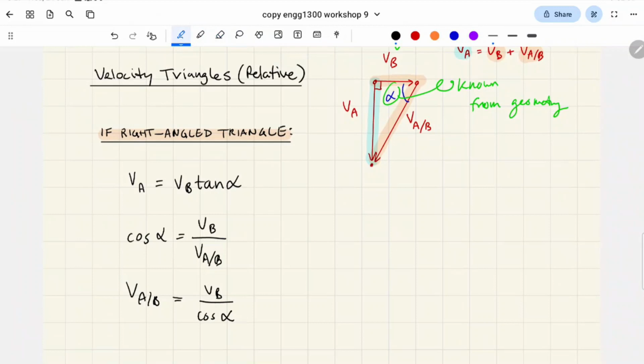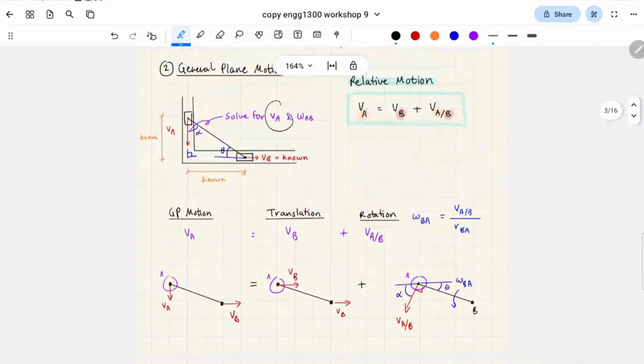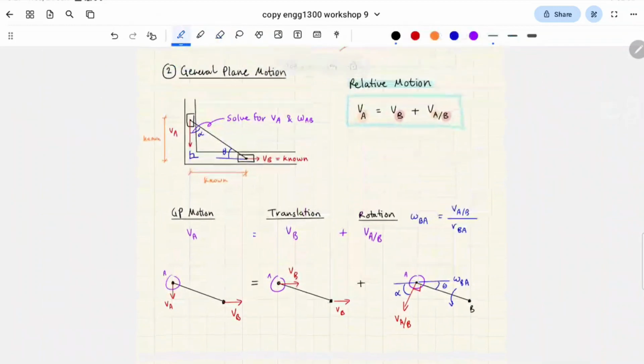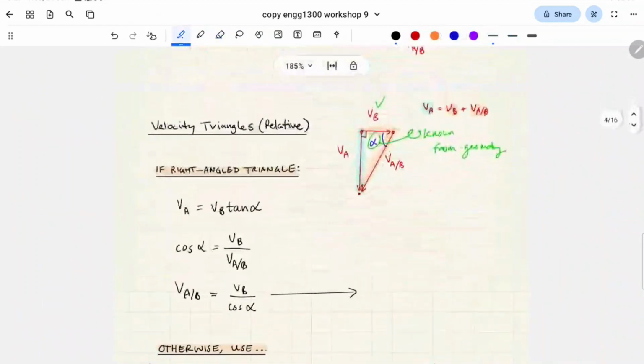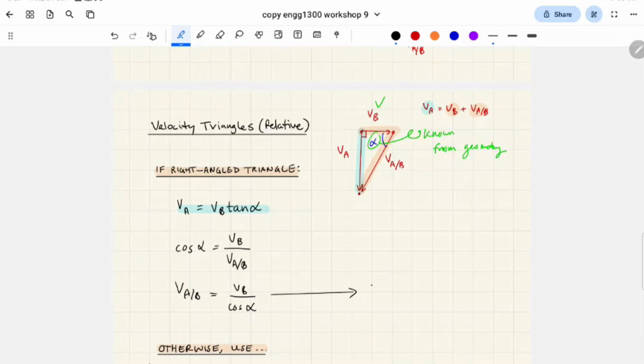That's the thought process. Basically in the question, they wanted us to get VA and omega AB, right? So VA was that one, and in order to get omega, go like this.